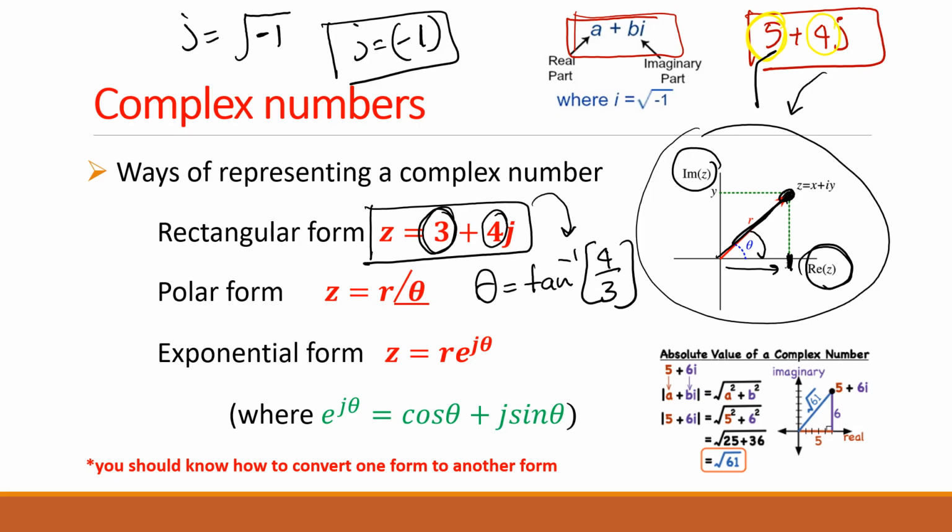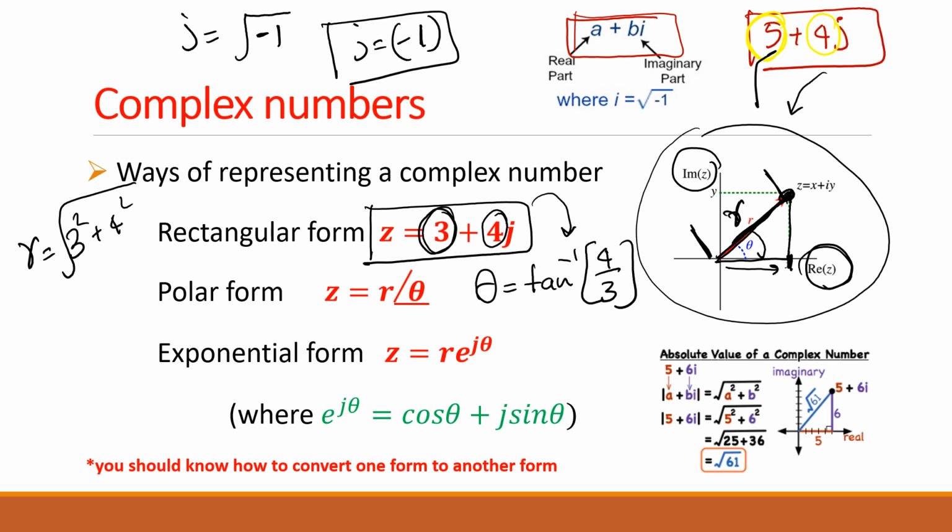And also you can find the length of this line. How do we find the length of that line? It's a right angle triangle. If you use the Pythagoras theorem, this one here, R, is equal to the square root of 3 squared plus 4 squared. Do you agree or not?